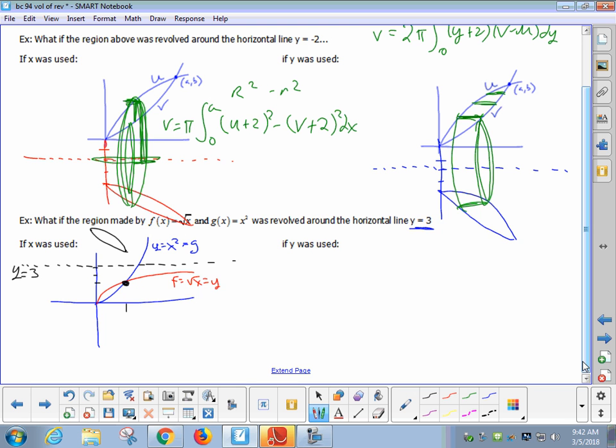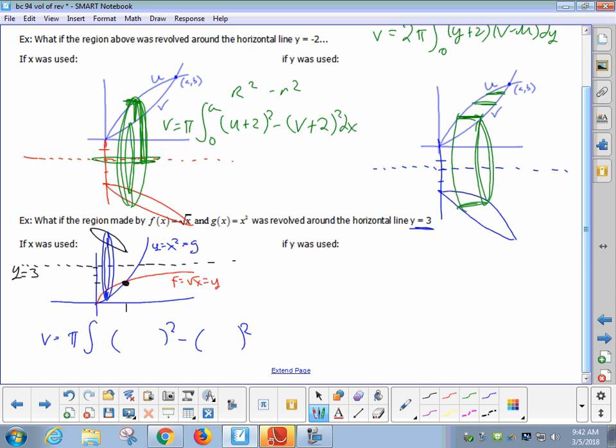So if x is used, draw a slice of x. A slice of x looks like that, and its reflection. By drawing a slice and its reflection connected, it tells you what your approach is. Our approach is washer. Okay? Once I decide washer, I put the basic blueprint for a washer down.